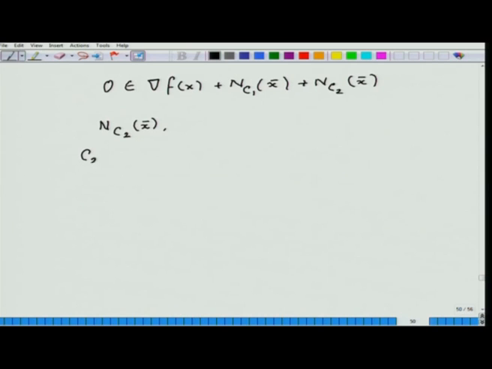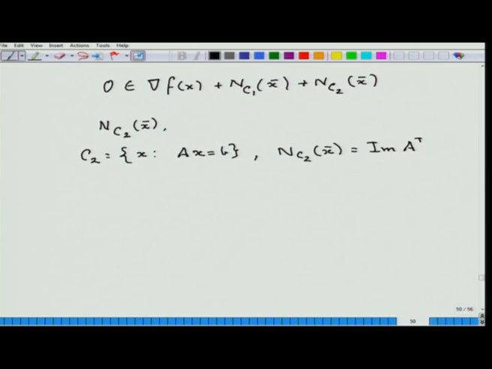where C2 is the set of all x such that Ax = b. What we will show is that N_C2(x bar) is nothing but the image of A transpose. A transpose viewed as a linear mapping, every matrix is a linear map and vice versa.